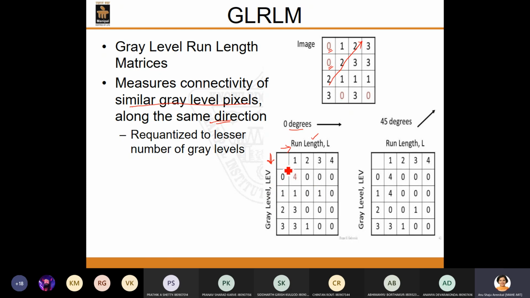So for the GLRLM matrix, the number of rows would depend upon the maximum gray level intensity present in an image. For example, in this particular example you have only intensity values of 0, 1, 2, and 3, and therefore you have only 4 rows here.